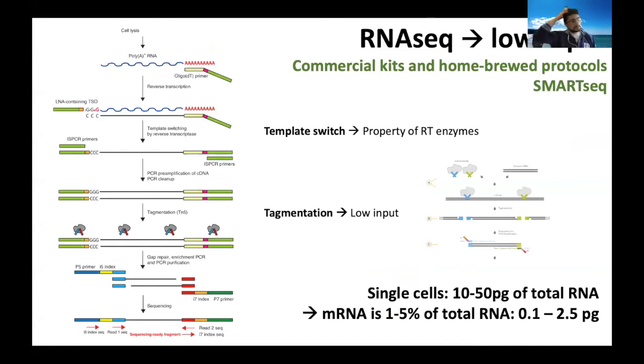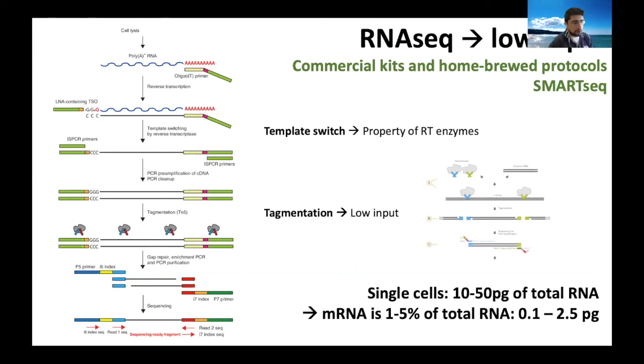So let's start with a low input type of library preparation. How do we perform it? Let's say we are interested in messenger RNA. Most of the time you are interested only in messenger RNA. That's what we are focusing our presentation on.